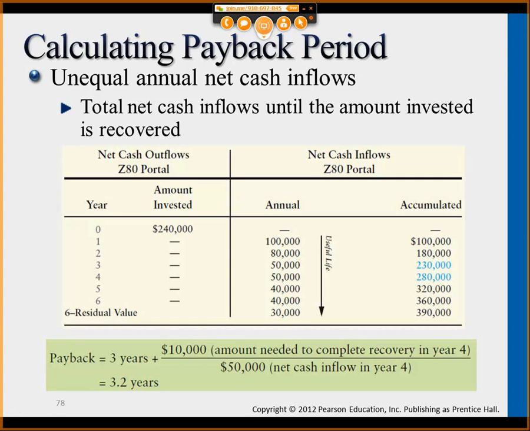What we want to do first here is to recover that cost, right? So within 3 years we have 230,000. Okay? So our payback is going to take a little more than 3 years, but at first it didn't say how much the investment was, right?